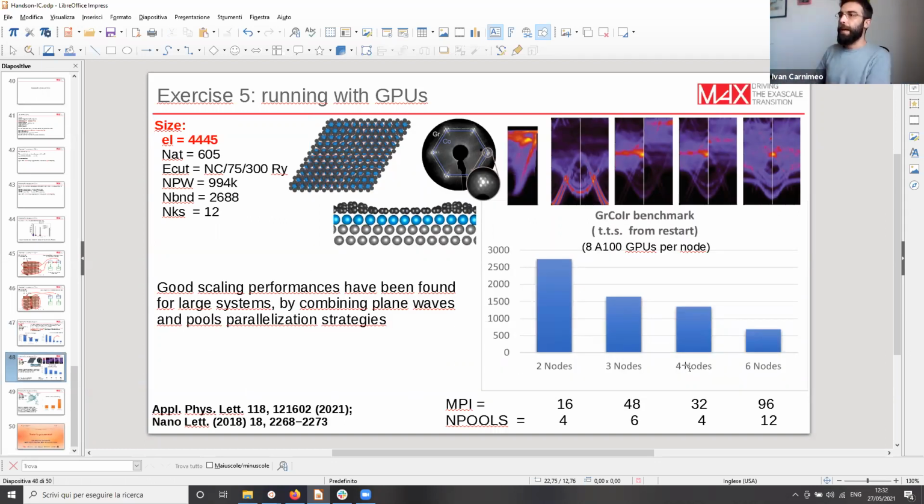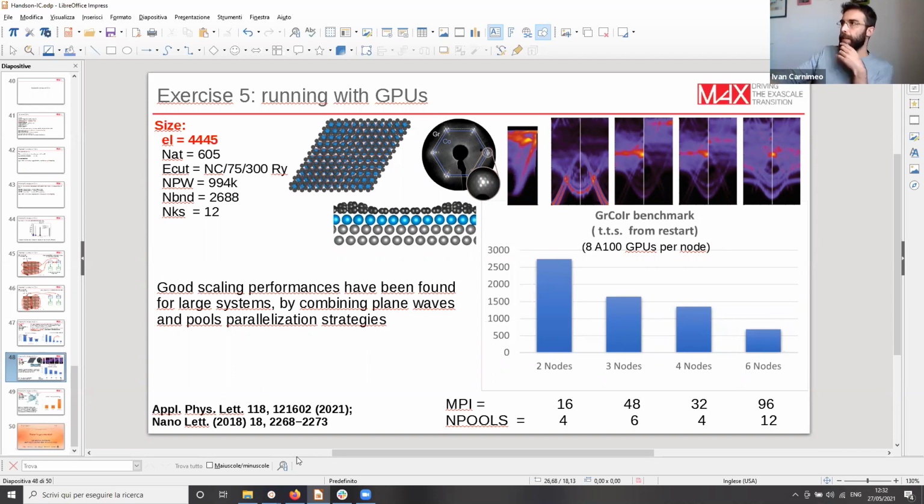These calculations have been done with the newest version of the GPUs, the Ampere family, which has been very recently released by NVIDIA, and these have very good performances on double precision floating points. Here again we see this scaling, varying MPIs and pools using 6 nodes. If you use a good combination of pools and MPIs, you can really drastically reduce the computational time.